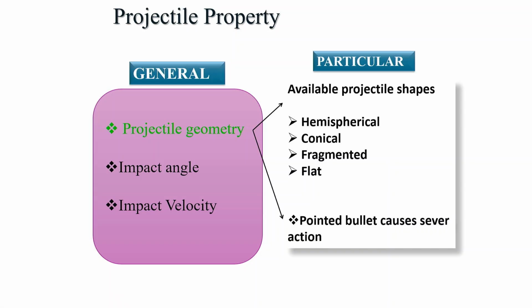Next parameter is the projectile geometry. There may be different types of projectile geometry. So, available projectile shapes are hemispherical, conical, fragmented and flat.